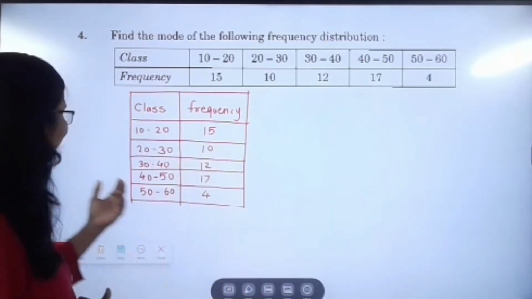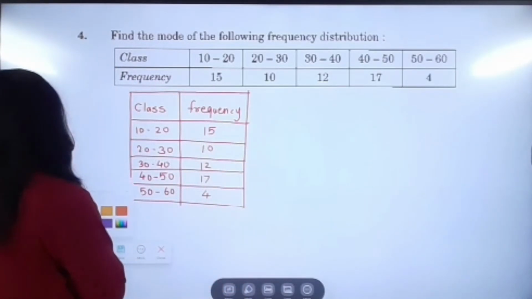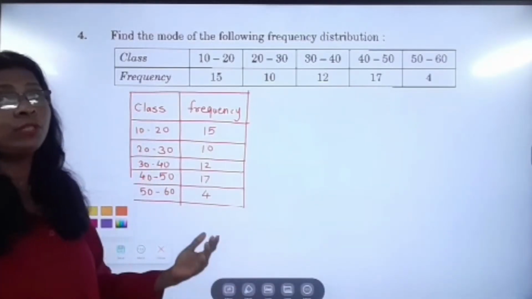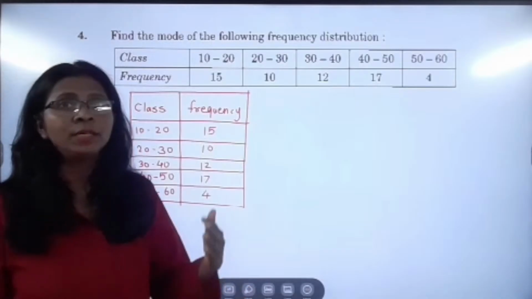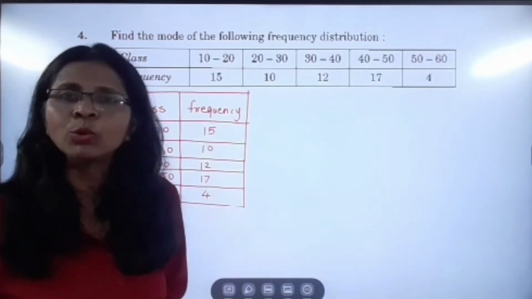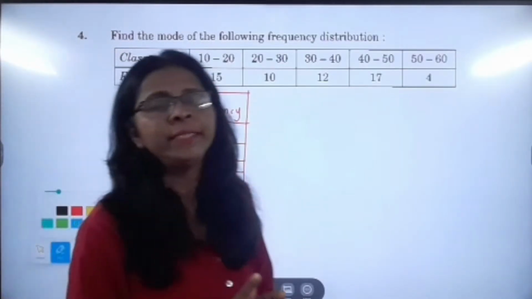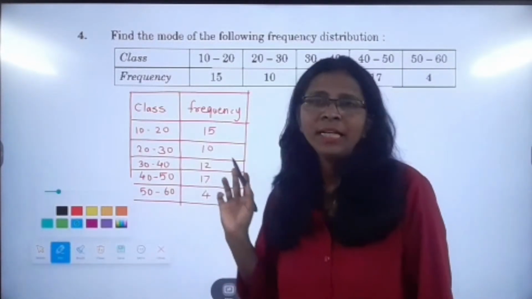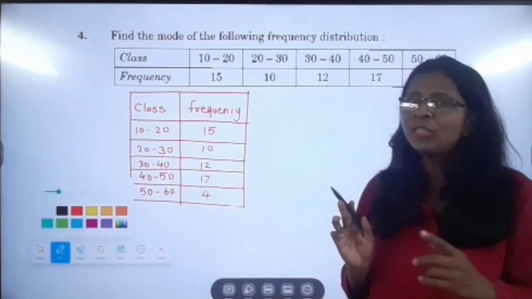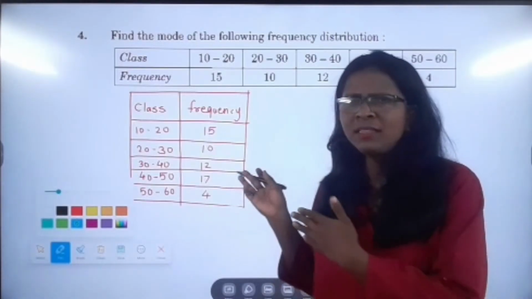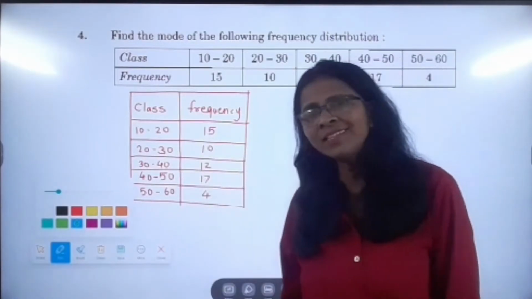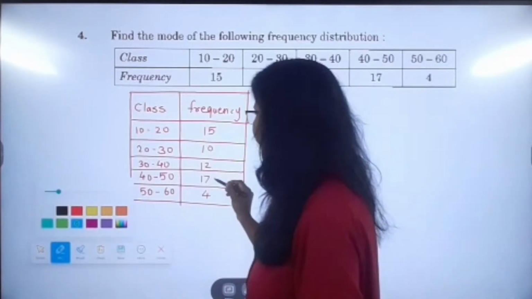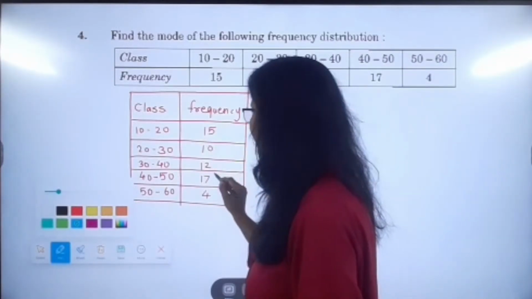Now here, students, see here. First our job is finding out the modal class, because we have to find out the mode. So first we have to find out the modal class from this table. Which one is the modal class? First see which frequency is greatest. So 17 is the greatest frequency.